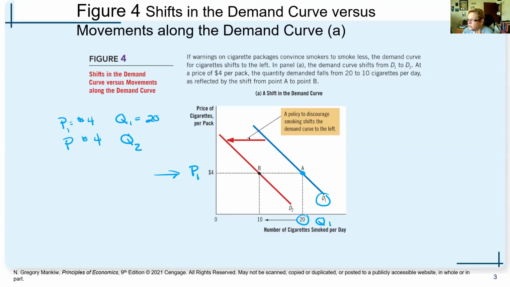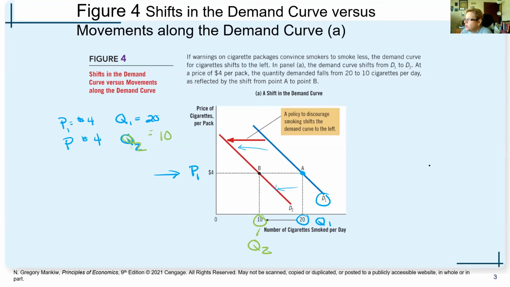That caused the demand curve to move or jump inward, okay? So at this new Q2, let me do this in a slightly different color, this new Q2 is 10. So price didn't change here, but yet quantity changed.